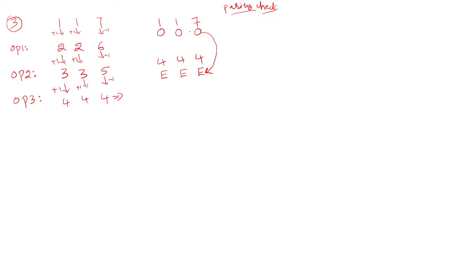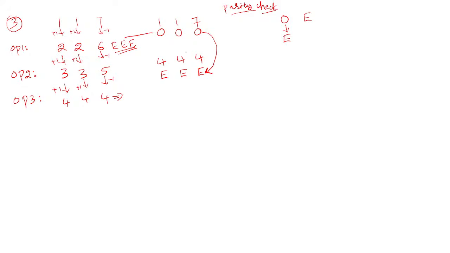So initially if the numbers are odd parity and you perform this operation, then their parity changes to even. That means if a number is odd, by adding one or decrementing one, we change its parity.